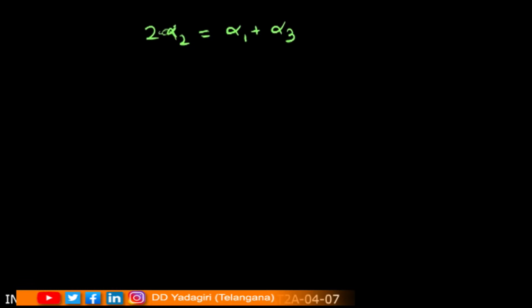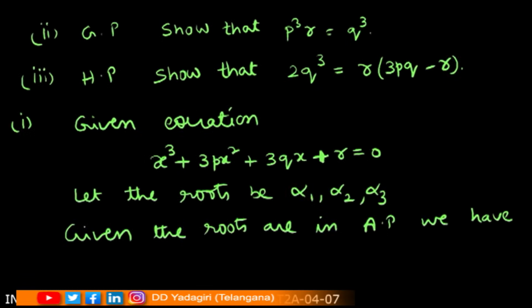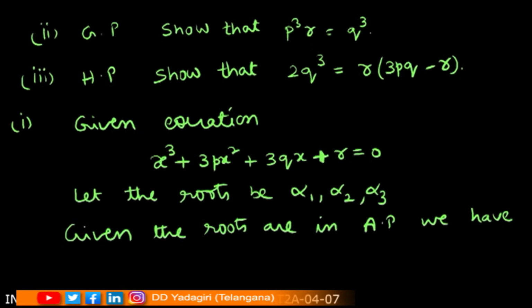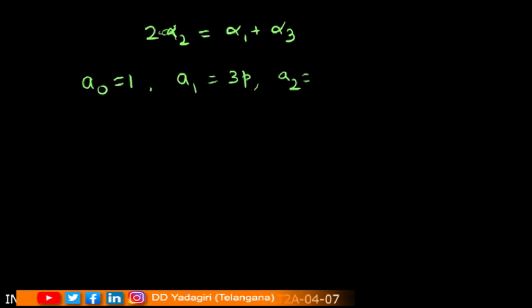Now, writing the coefficients from the given equation, a naught is equal to 1, a1 is equal to 3p, a2 is equal to 3q, a3 is equal to r.